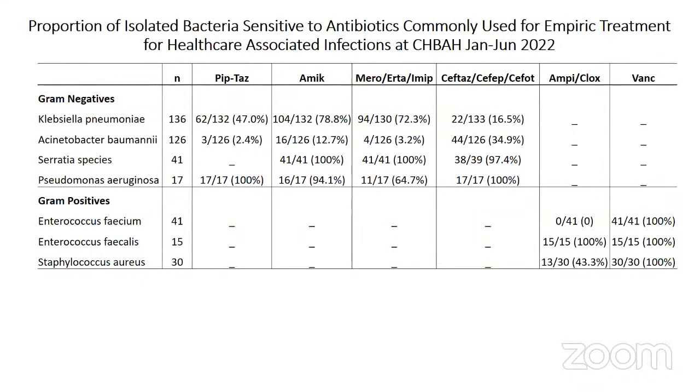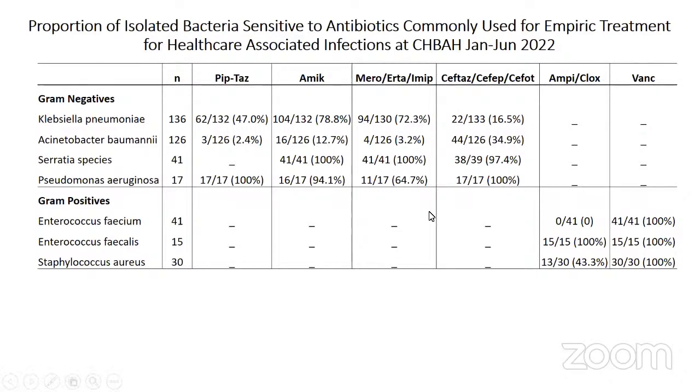Just sharing our experience at Baragwanath Hospital, looking at the first 6 months of last year, we had about 136 isolates of Klebsiella pneumoniae and 126 of A. baumannii, and then Serratia 41 and Pseudomonas 17. Those are the gram-negatives.